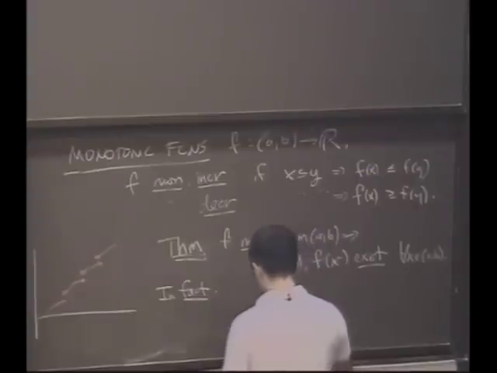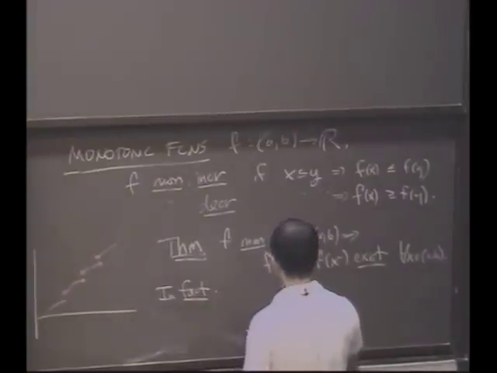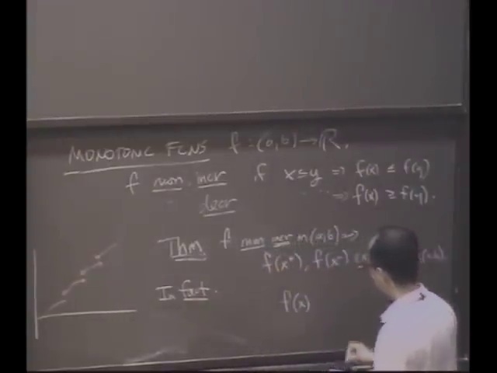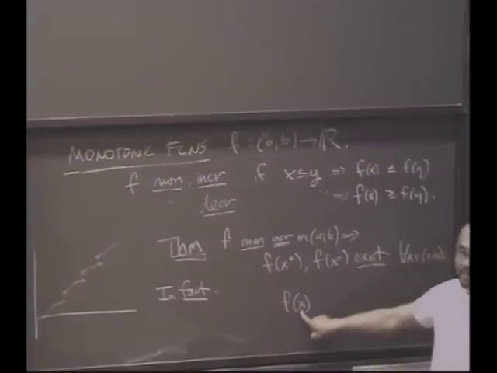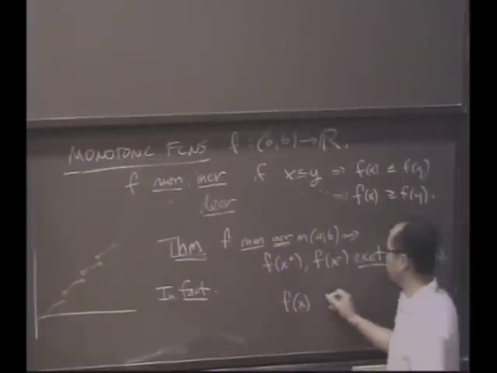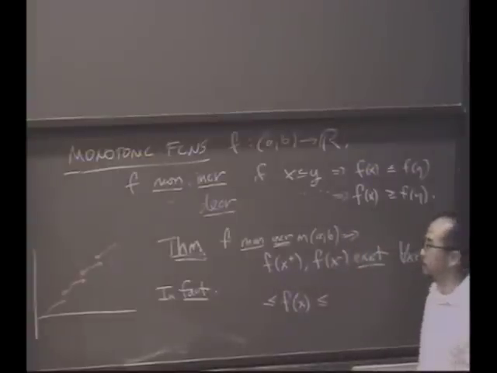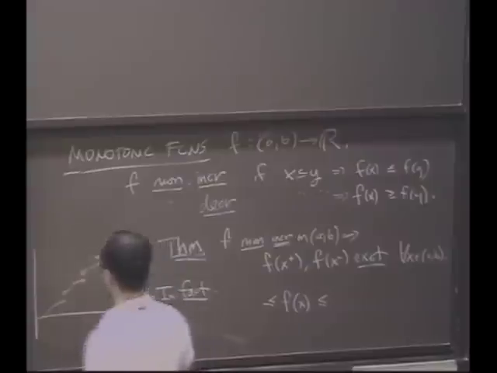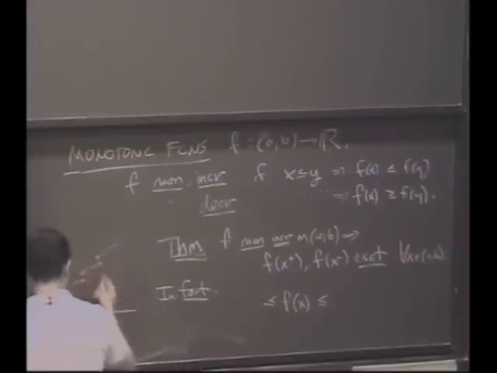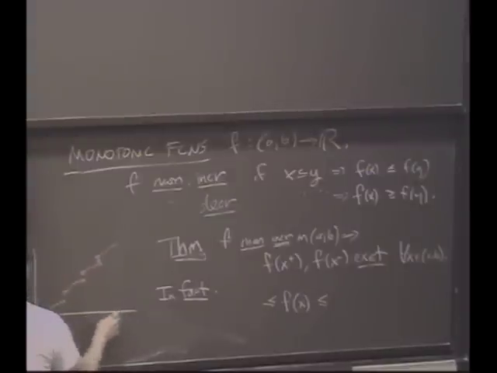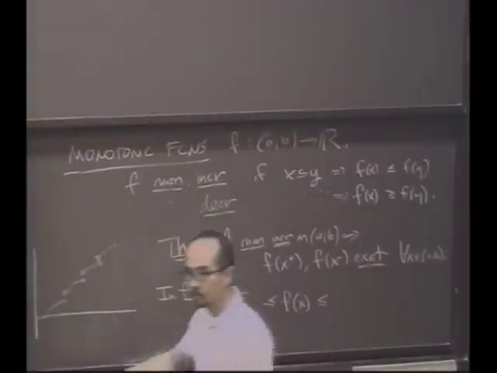Would you agree that, maybe this should help us see why this is true, that whatever the value of f at x is, it has to live between the value of anything on the left and the value of anything on the right, yes?